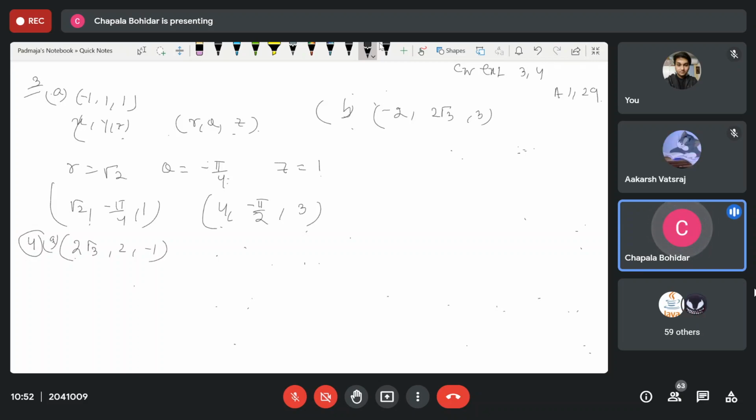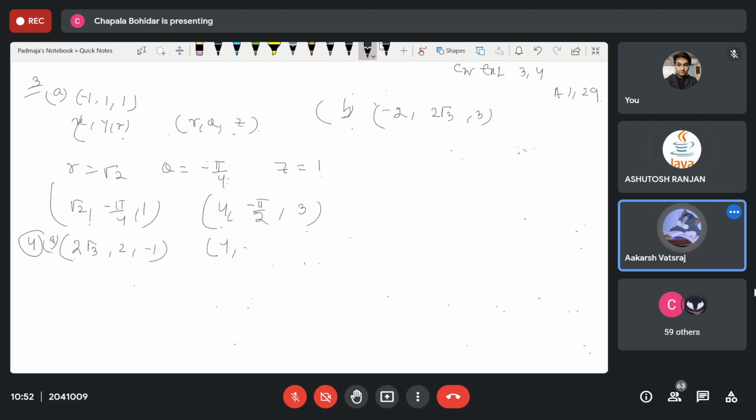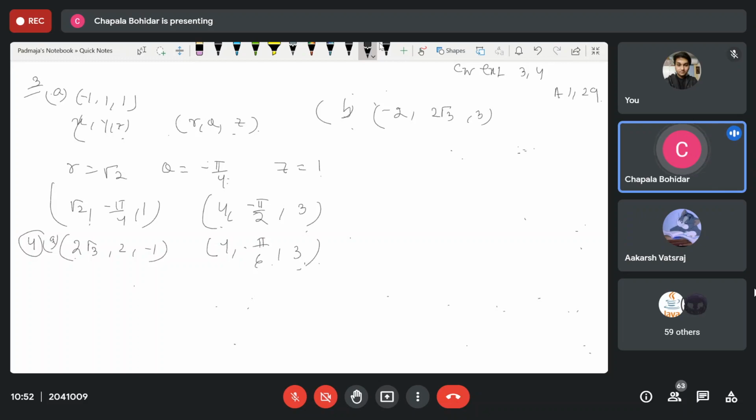Two root 3, 2, minus 1. R is equal to 4. 4 pi by 6 and 3. You choose the value here, what is given in your question.